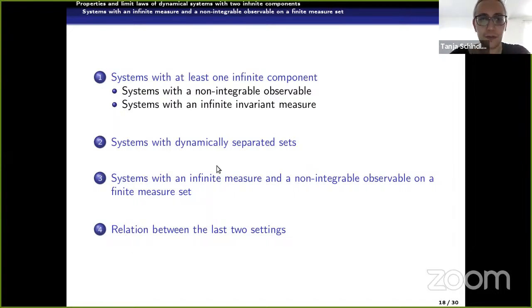Okay, so I said these are one of the systems with dynamically separated sets with two infinite components. I want to say something about another system with infinite components. Namely, now we have an infinite measure and a non-integrable observable on a finite measure set.